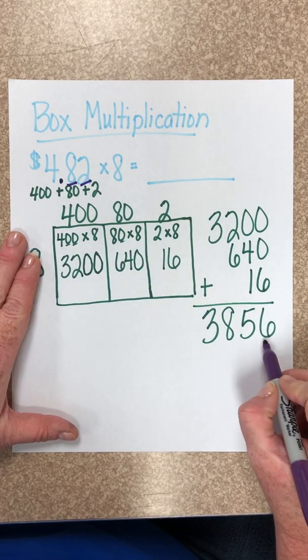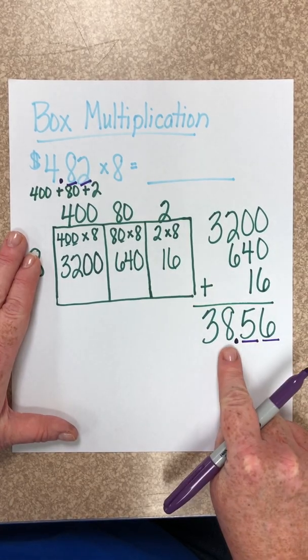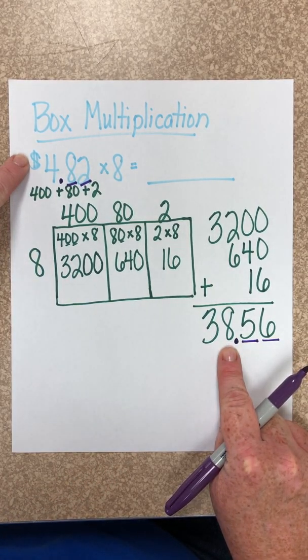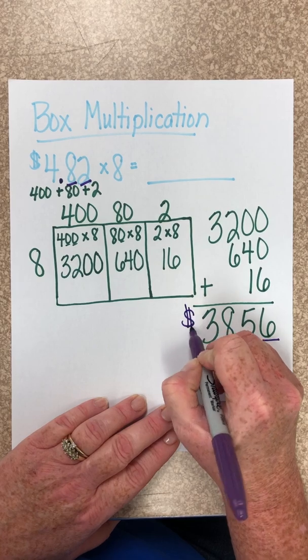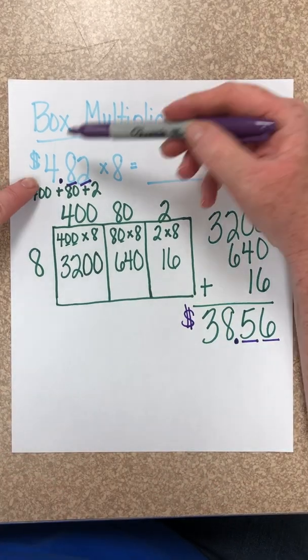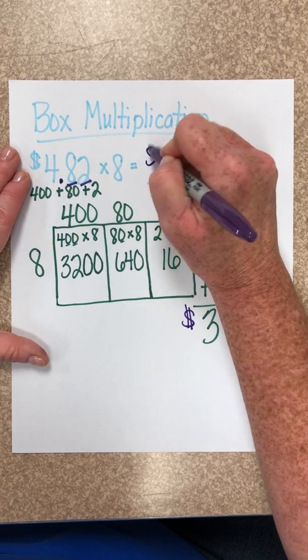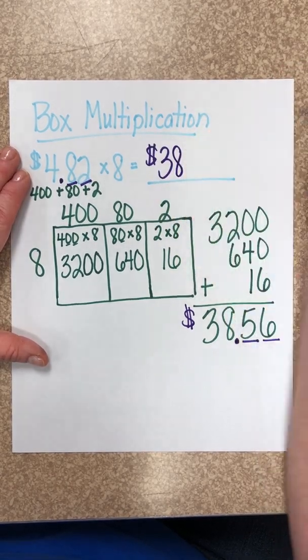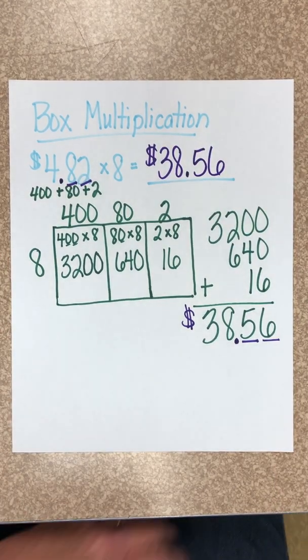So I go to my answer and I count 1, 2, and I put in the decimal point. And last, I'm going to notice again that this is dealing with money, so we're going to label it with a dollar sign out front. So $4.82 times 8 is $38.56.